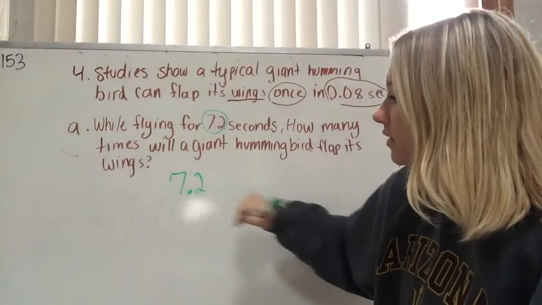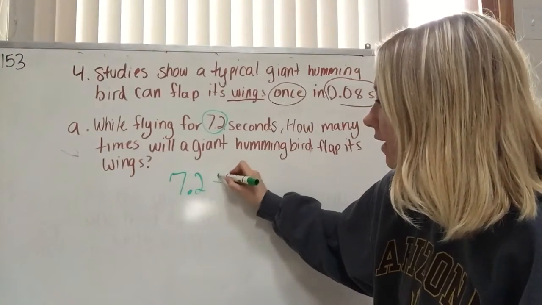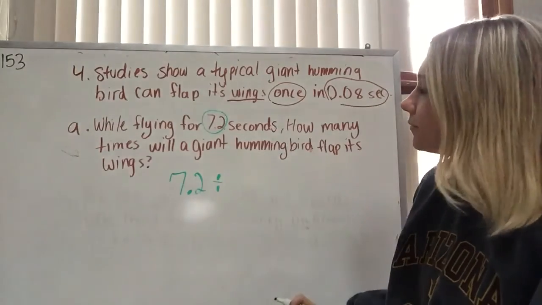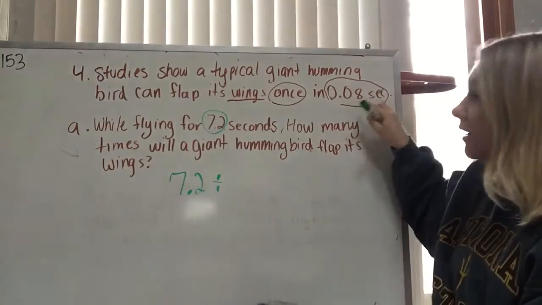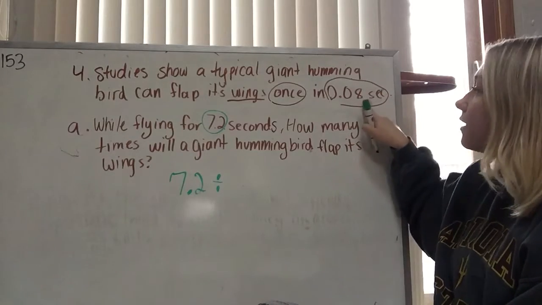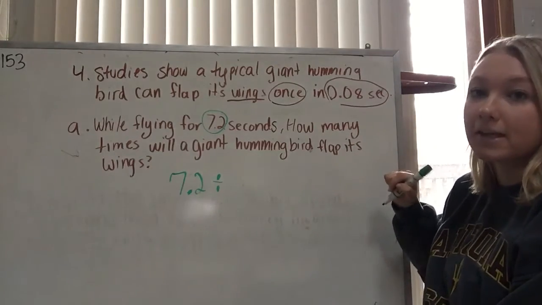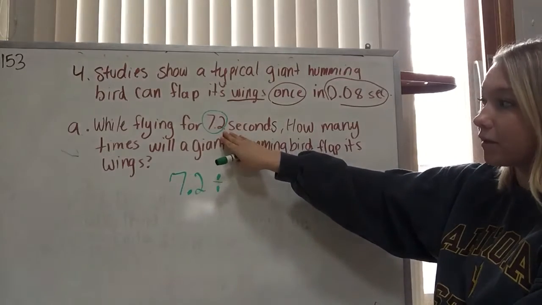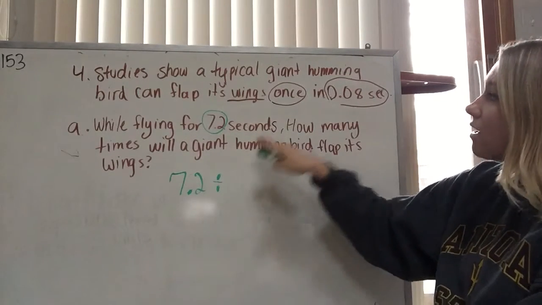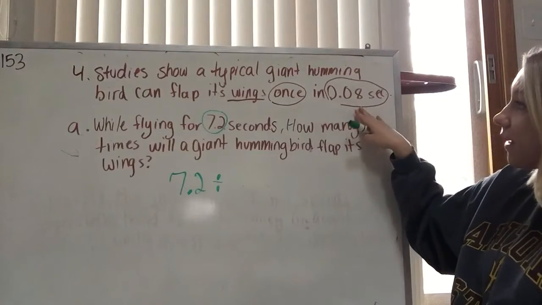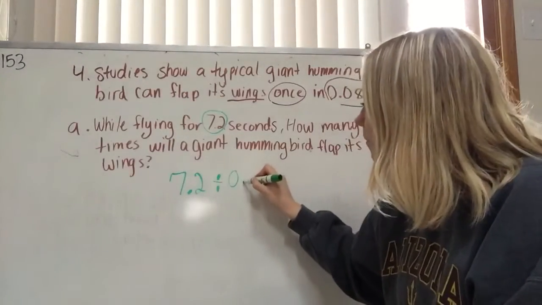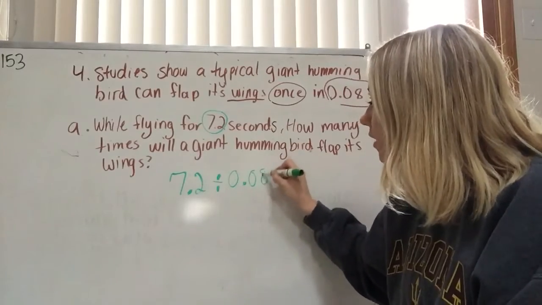So 7 2/10 of a second divided by, what am I going to divide it by? I'm going to divide it by 8/100ths of a second because we want to find out how many times they flap their wings in this long. So one time they flap it in this long.